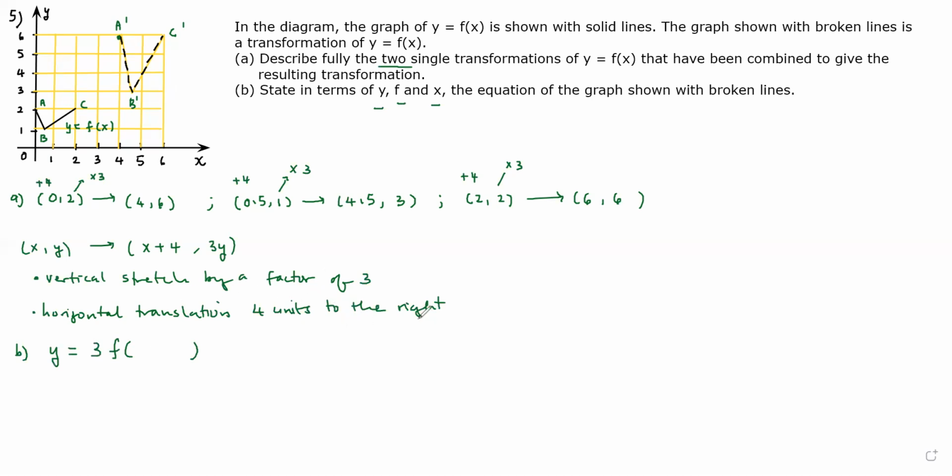Horizontal translation 4 units to the right: you have x equals 4, which means you're moving it 4 units. When you bring the 4 over, you have x minus 4, and this is what we place inside here. And we have the equation of the image.